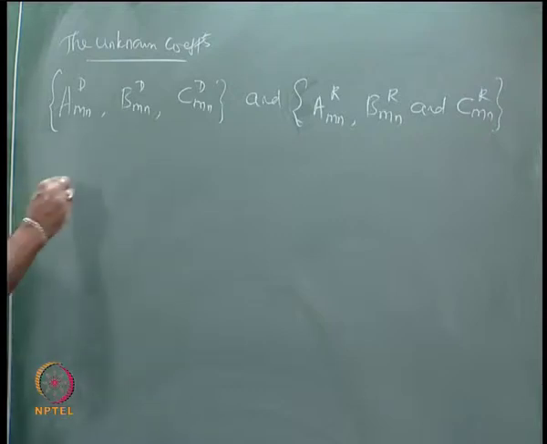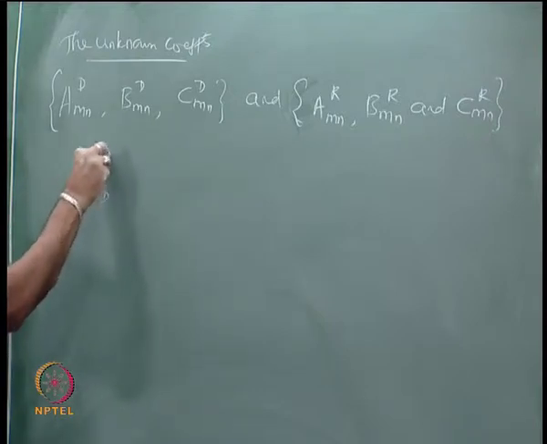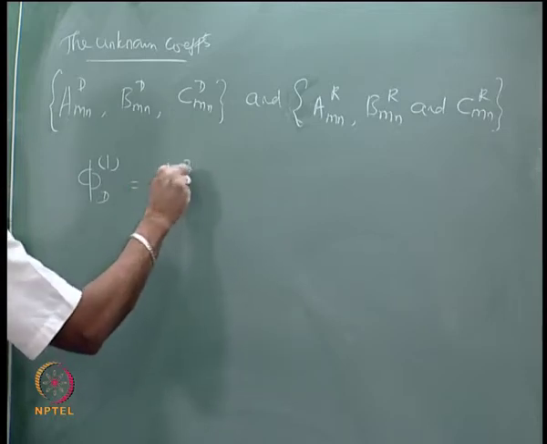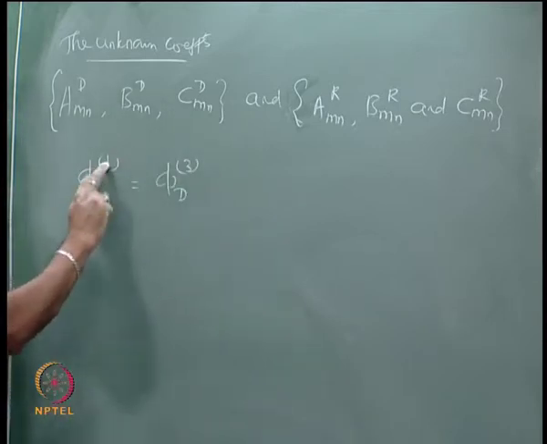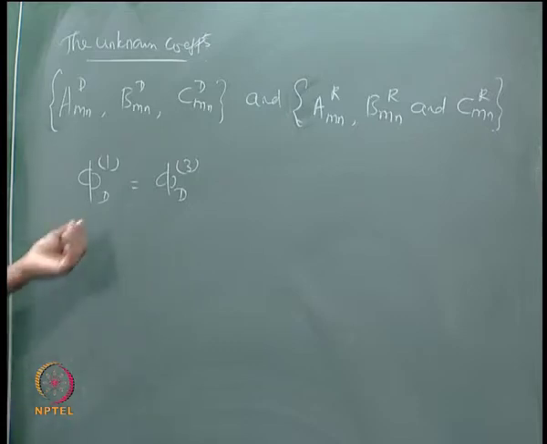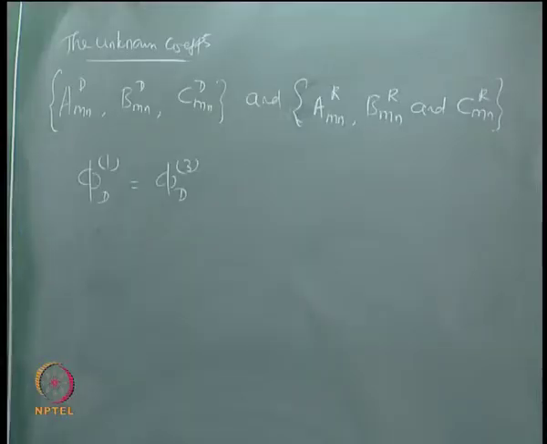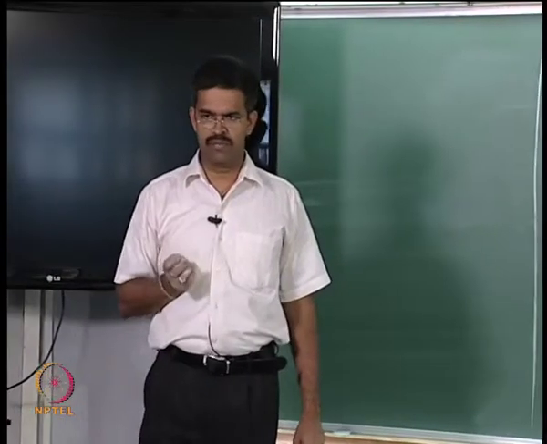So let us say phi of d is same as phi of region 3, these are all running for regions, d stands for diffraction potentials. How can you say 1 and 3 are same? 1 is the outer region and 3 is the region below the perforated region, okay.